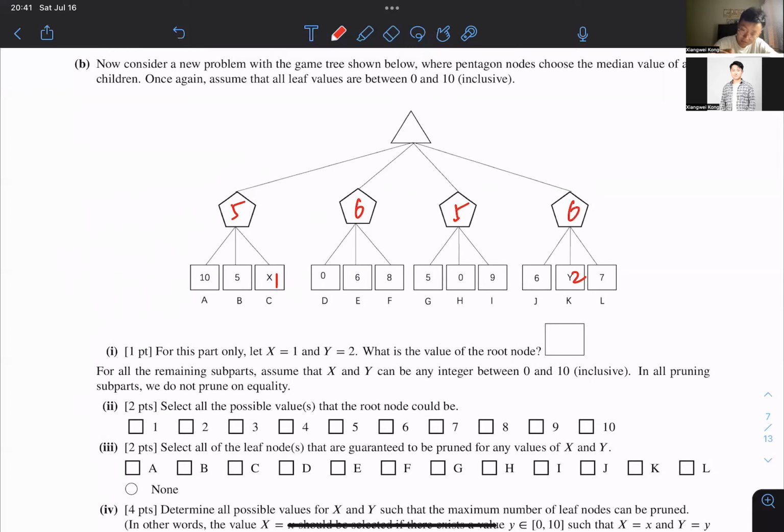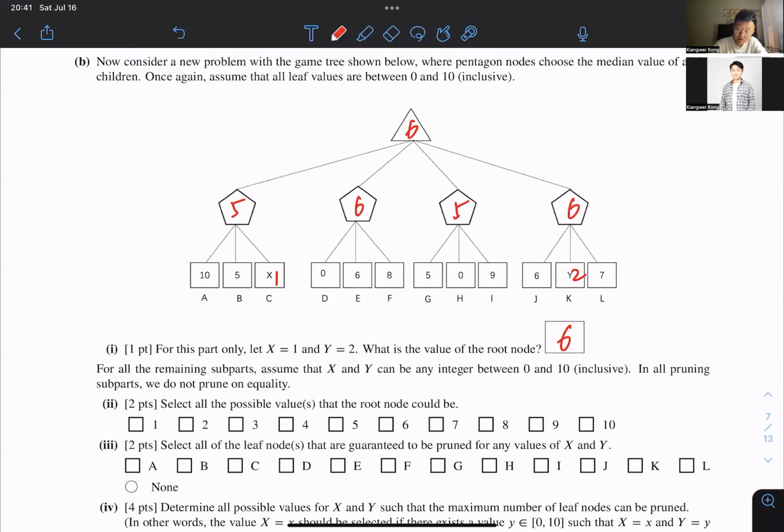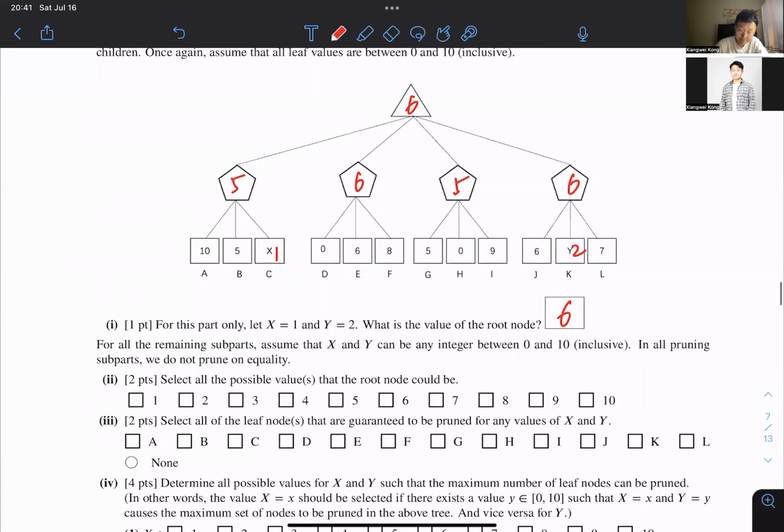And the maximizer will choose 6, and the value for the root node will be 6. And then for the remaining part, we just assume X and Y are any integer between 0 and 10 inclusive. We also don't prune on equality. So what are all the possible values that the root node could be? How to find that?